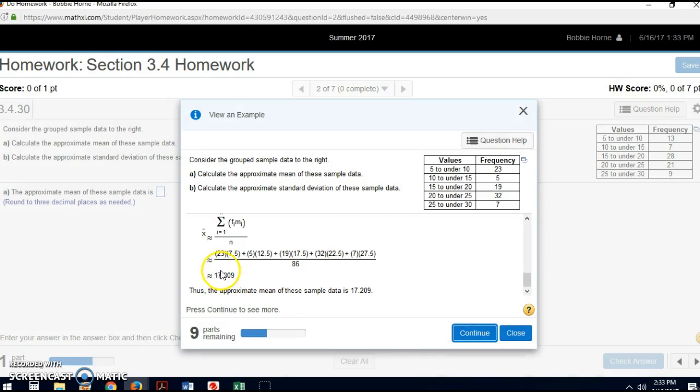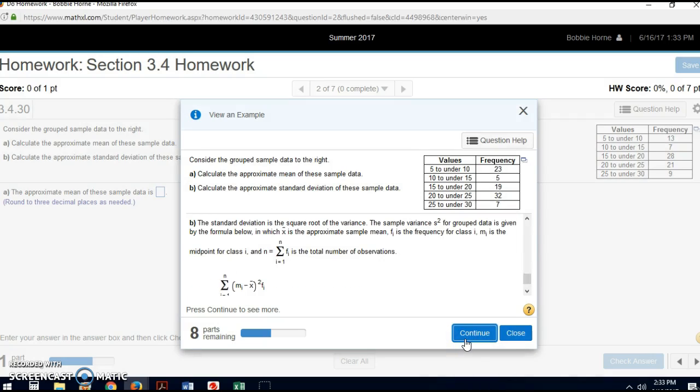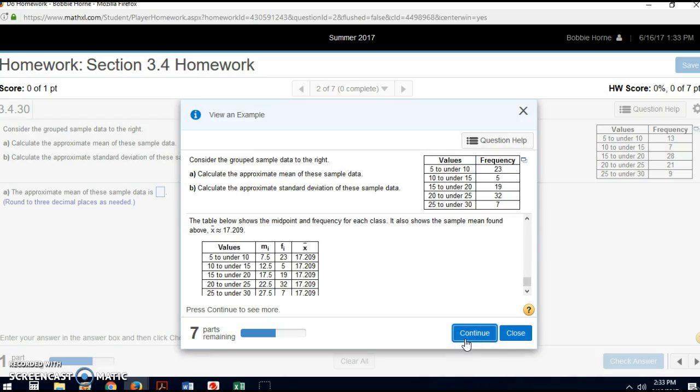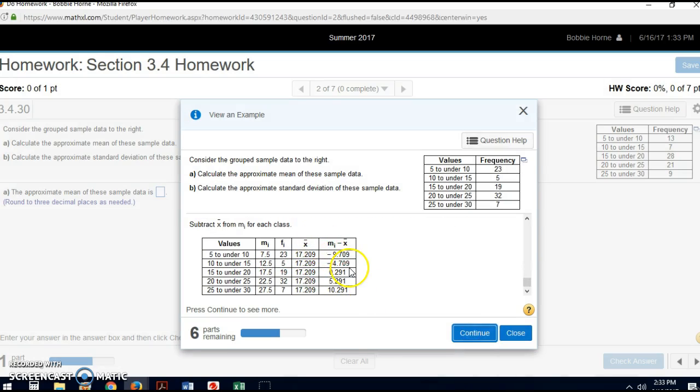But what I did is I looked at the mean, and they rounded to 3, which is pretty straightforward because it tells you when you do the mean to round to 3 decimal places. But then as you find the standard deviation and you're going through the steps, notice that we know the mean, but then when you take the mean minus your x value, you round.